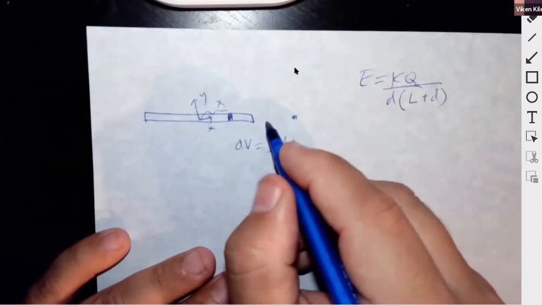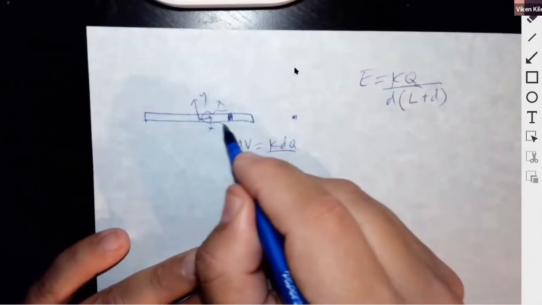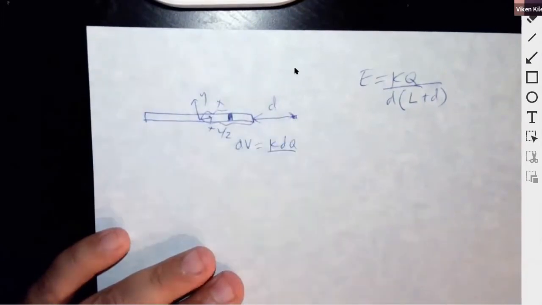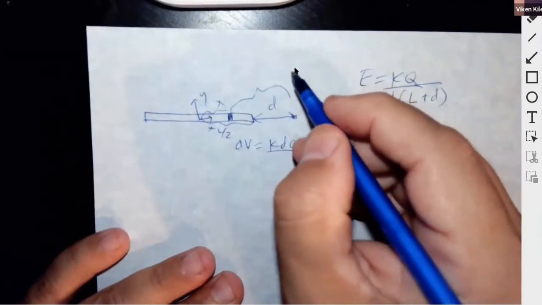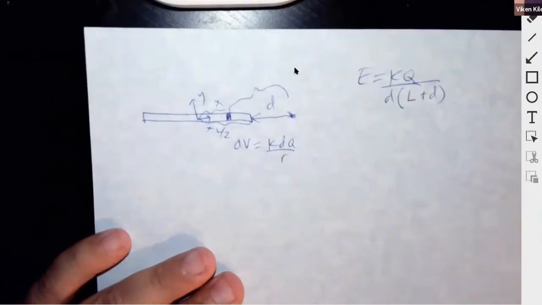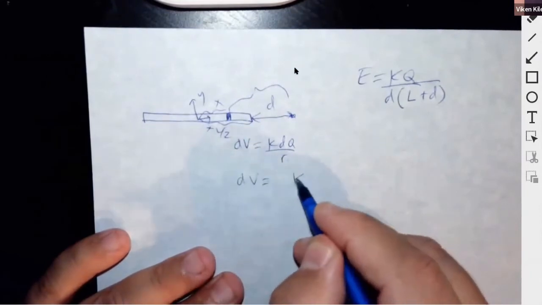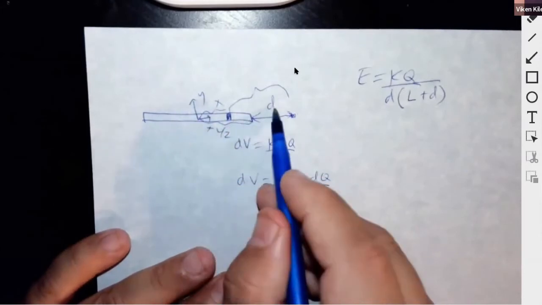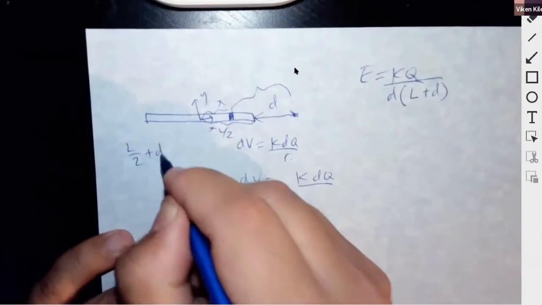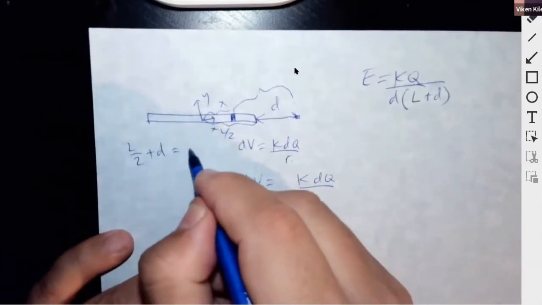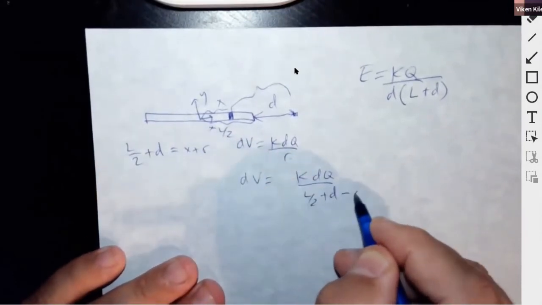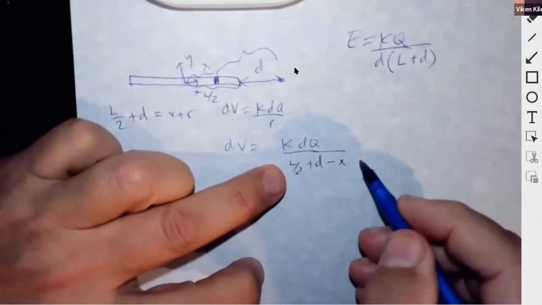So then you just have here, this is L over 2, and then this is D, and then this distance was your R. So remember how we found R? We said L over 2 plus D was equal to X plus R. So then R is L over 2 plus D minus X. Except we just don't have the square here in this case, you see.